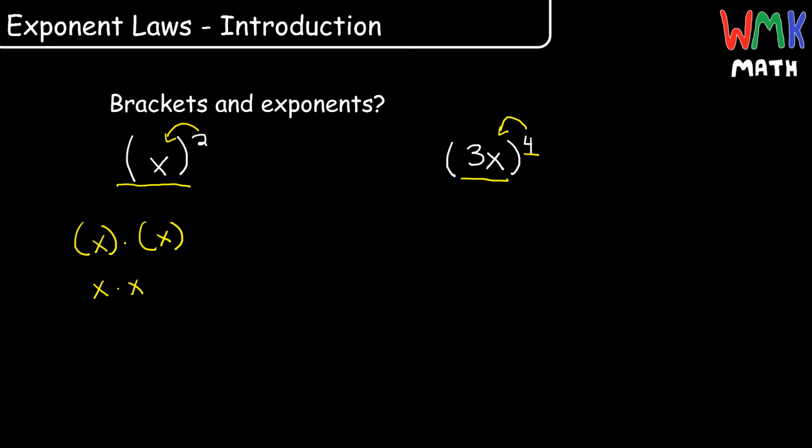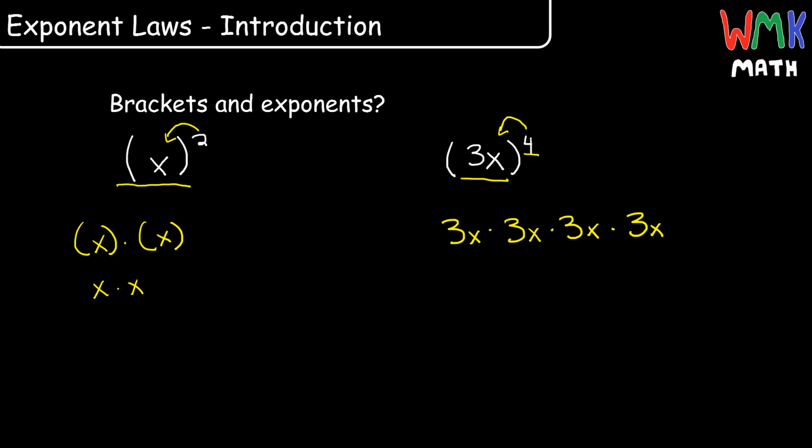So this is equal to 3x times 3x times 3x times 3x. Now, I'm not going to simplify this any further. We can massage this so that it looks cleaner, but we'll leave it as that just to get the key idea of what happens when we have brackets and then the exponent on the outside of the brackets. Whatever's inside gets multiplied repeatedly.